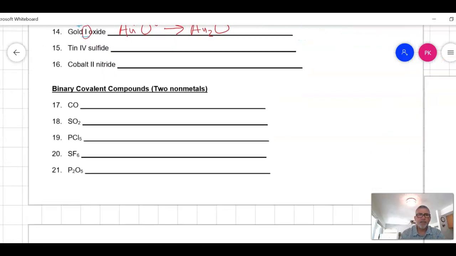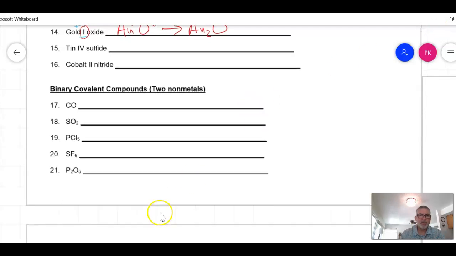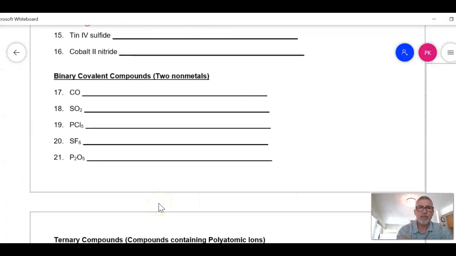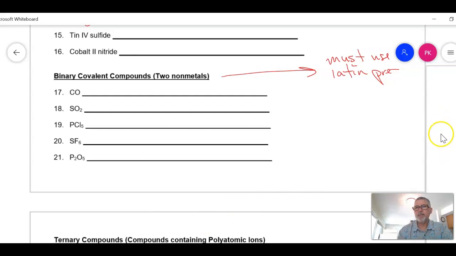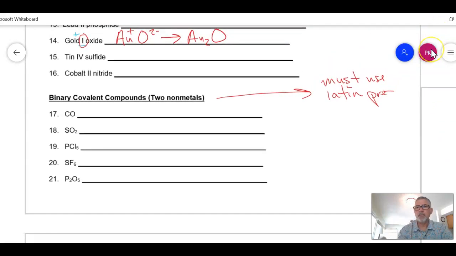When we name nonmetals, just to remind you, nonmetals must use Latin prefixes.